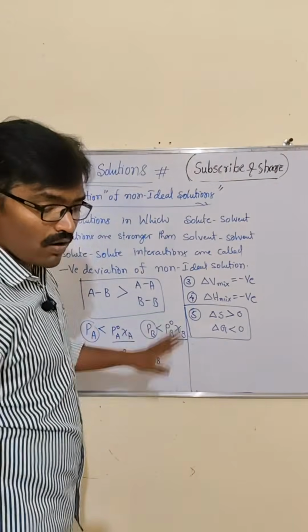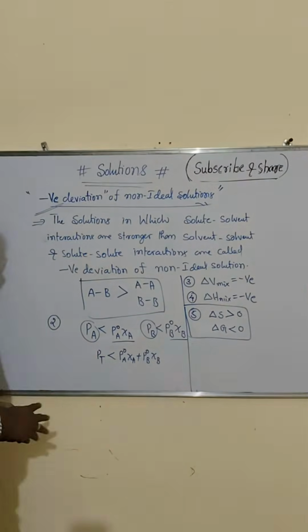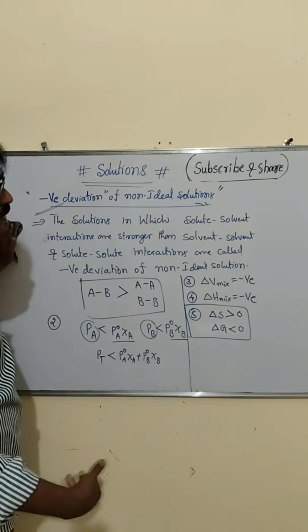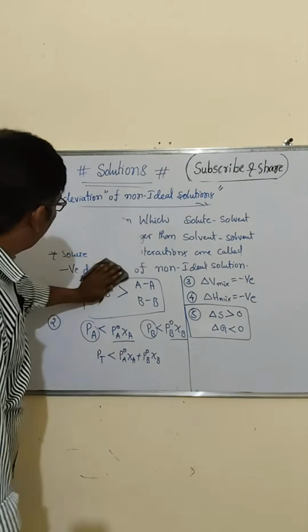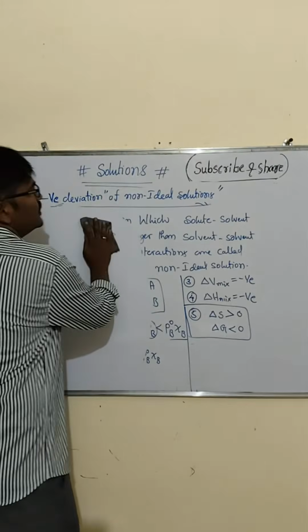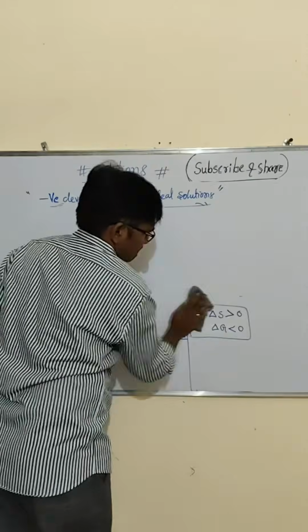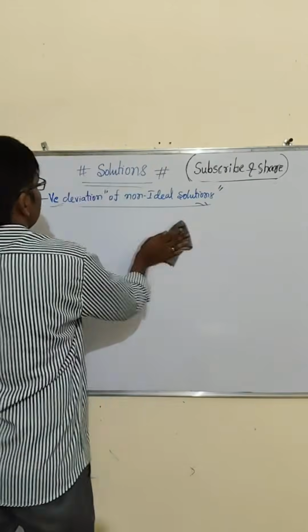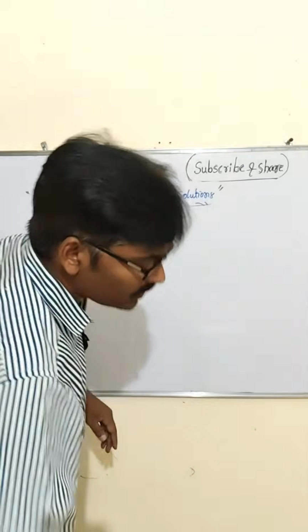If you take a graph for the negative deviation of non-ideal solutions, see the graph for negative deviation.